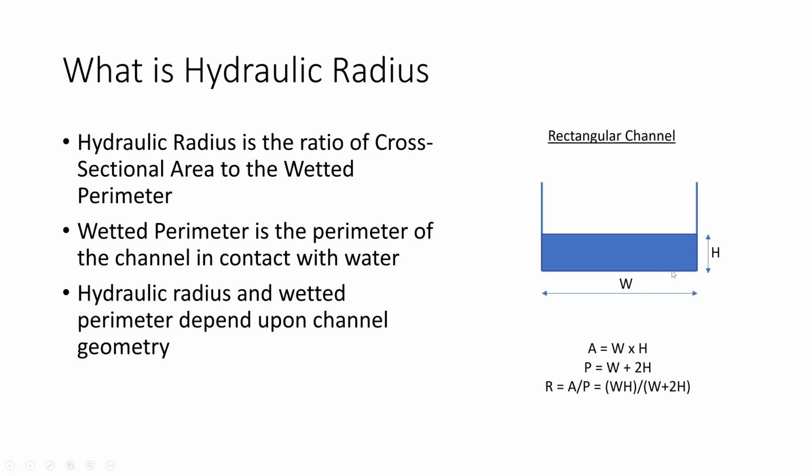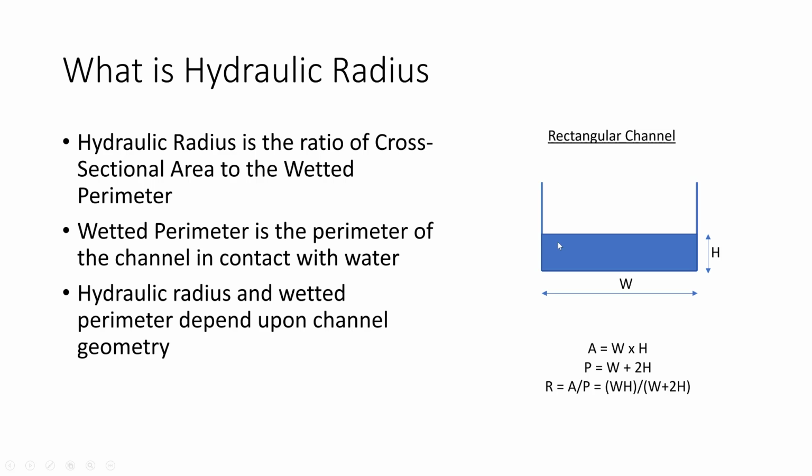So if I add W plus 2 times H, I get my perimeter. So the hydraulic radius is area over the wetted perimeter, which is equal to W times H over W plus 2H.